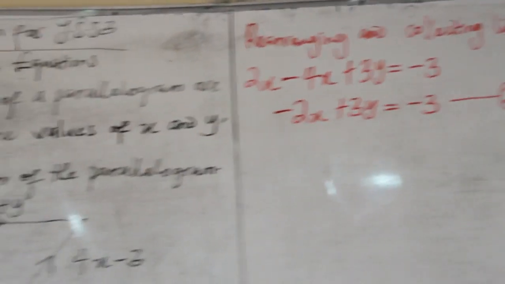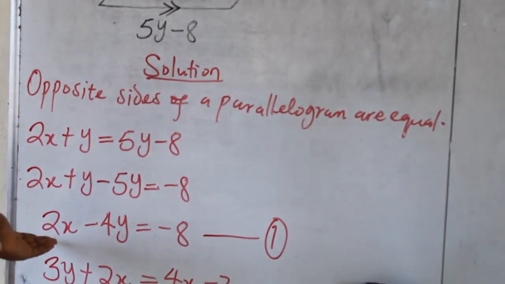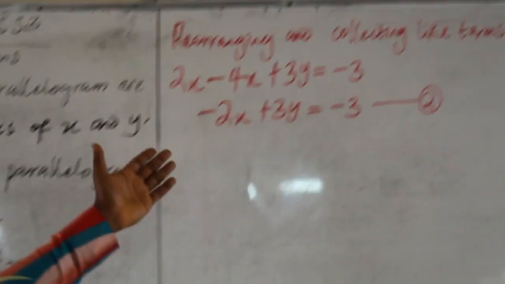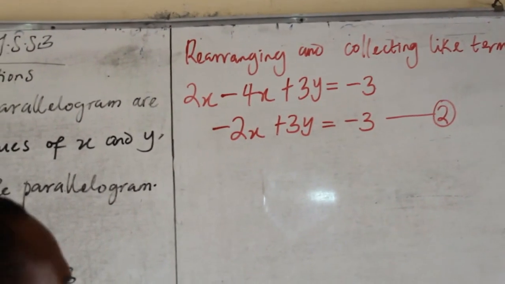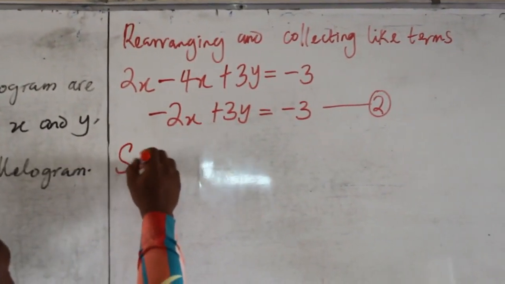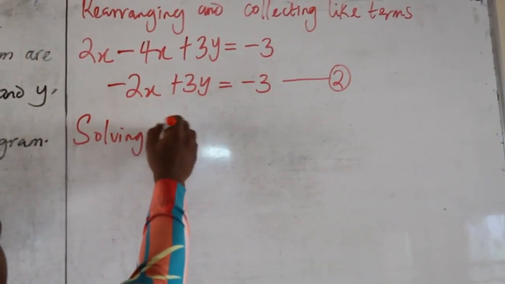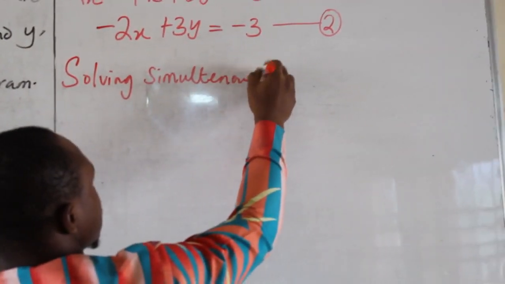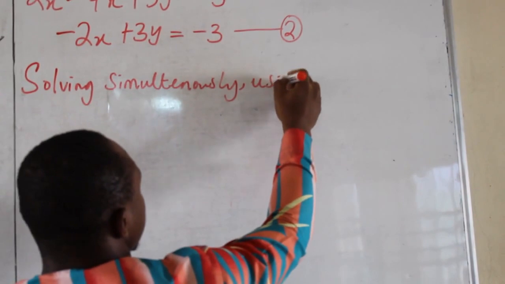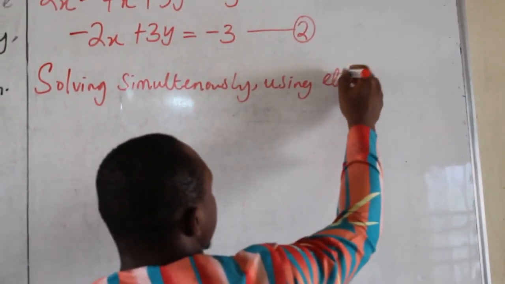So if you look at it, we have the coefficient here as 2, the coefficient here as minus 2. So it's easier to use the elimination method. So solving simultaneously, using elimination method.